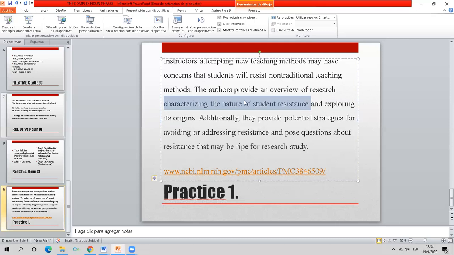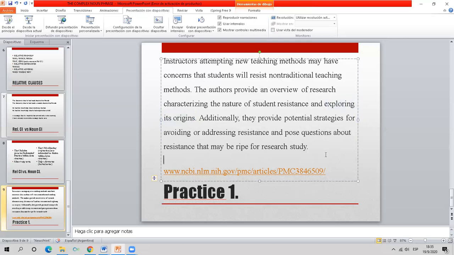And inside, you have the nature of student resistance, okay? Here you have an example of a noun phrase pre-modifying the head noun. Okay, and then you have the second present participial clause, exploring its origins, okay? Inside, of course, you will have this short noun phrase. Okay, additionally, we have just the pronoun here.